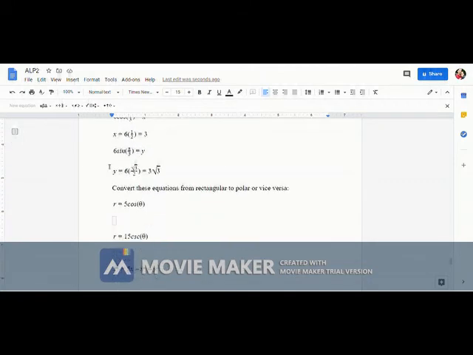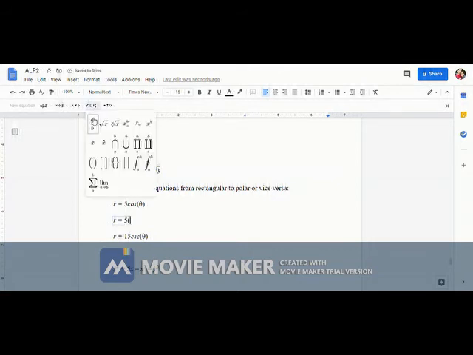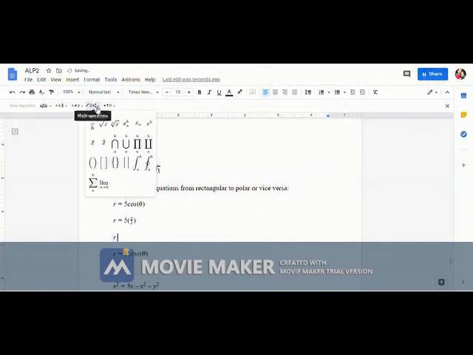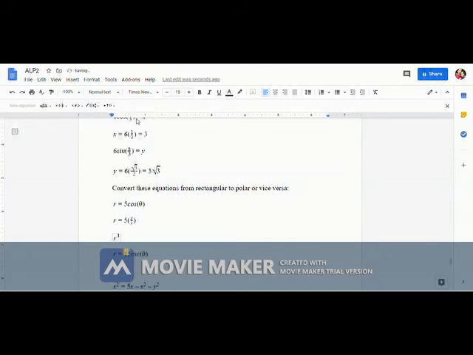So we're gonna say r equals 5 times x over r, and then we will multiply both sides by r and get r squared on this side equals 5x.